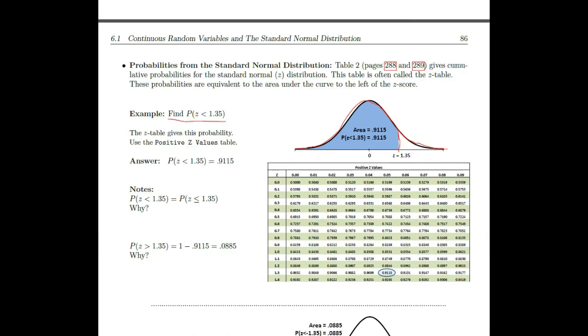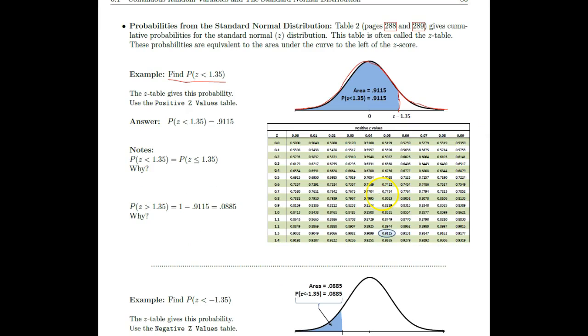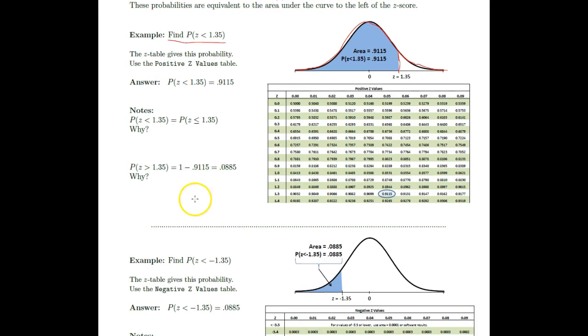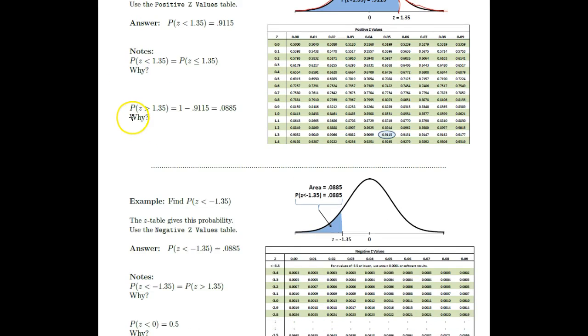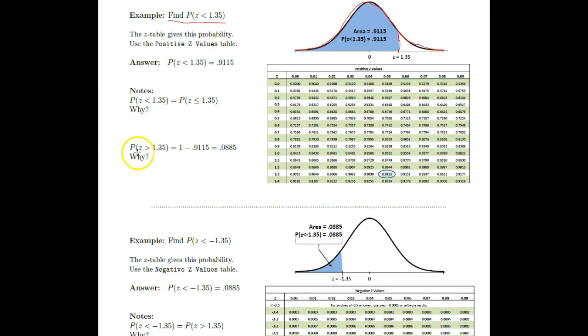All right, cool. So that was that first example. And you'll see a couple notes here. I wouldn't worry about this first note here so much, but this second note is really worth exploring, and that is the probability of getting a z greater than 1.35 equals 1 minus 0.9115, which is 0.0885.